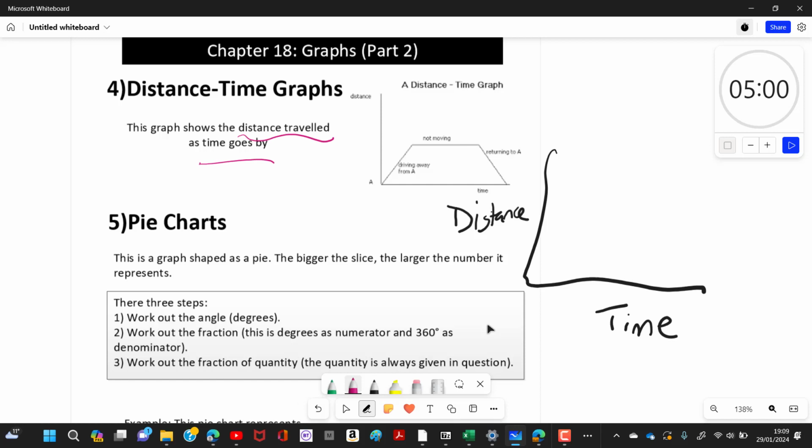So if we put some numbers here, 1, 2, 3, 4, 5. Let's say this is in hours, and this one's in kilometers. So 1, 2, 3, 4, 5. Okay, and so we draw a graph. Let's say we plot this up.